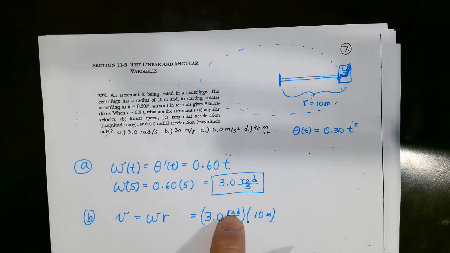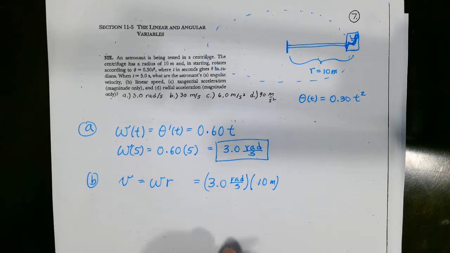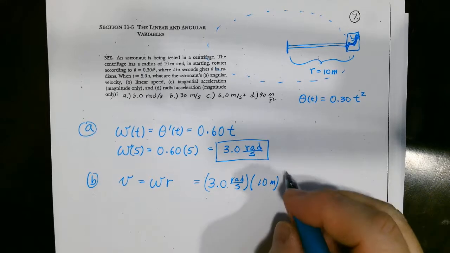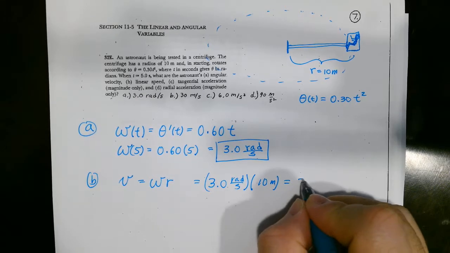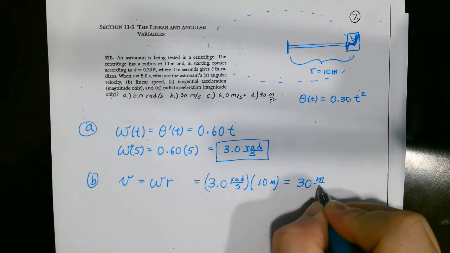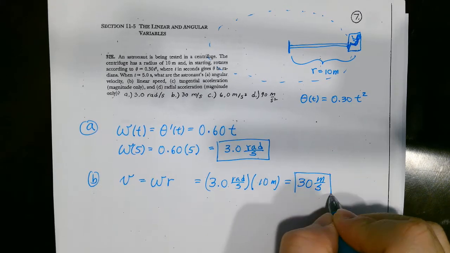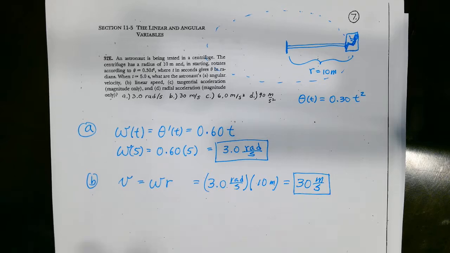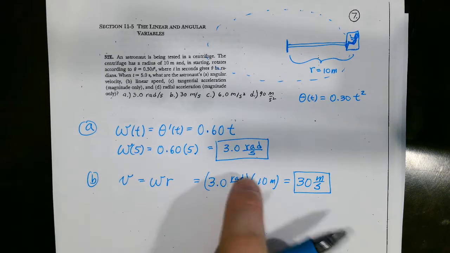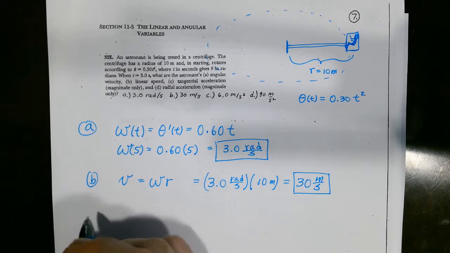Now notice, at this point, the radians just disappears magically. So this becomes just 30 meters per second, because radians is a fictitious unit that just holds place.